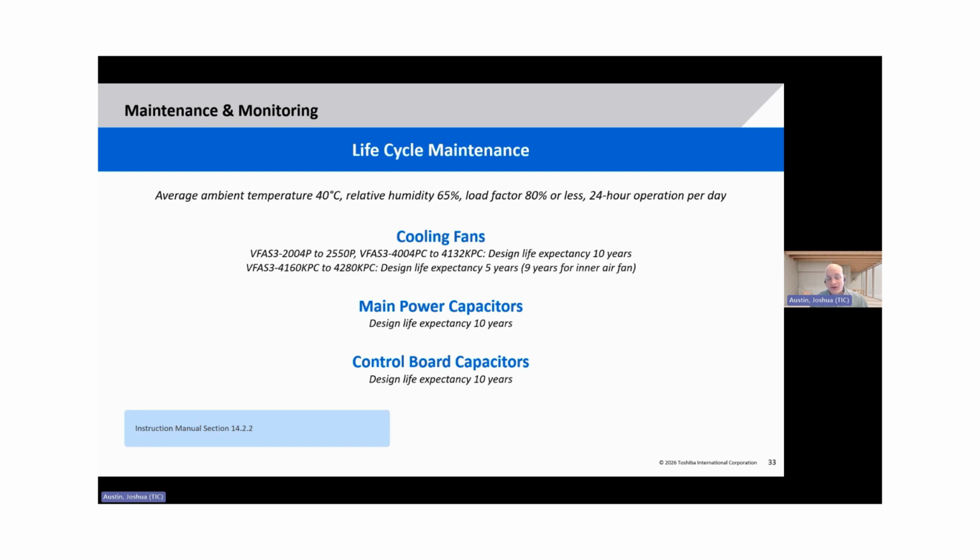Now, design life expectancy is based on a defined set of conditions. And so at the top here, we have our defined set of conditions: average ambient temperature of 40 degrees Celsius, relative humidity 65%, load factor 80% or less, and 24-hour operation per day.